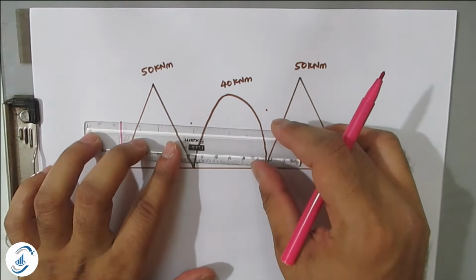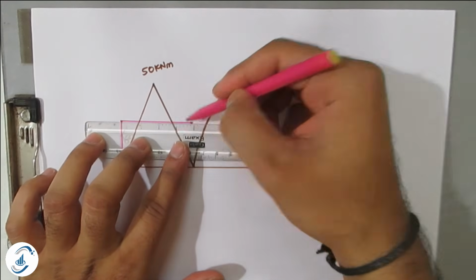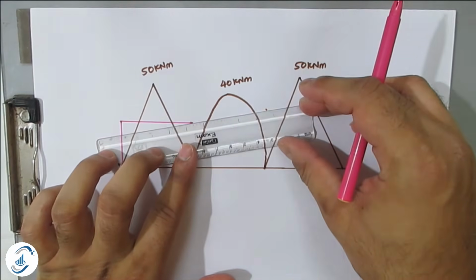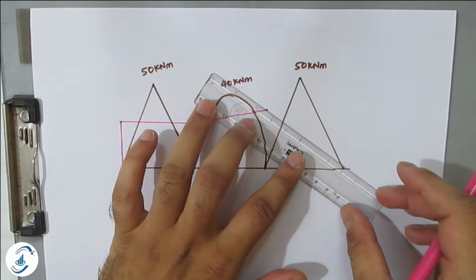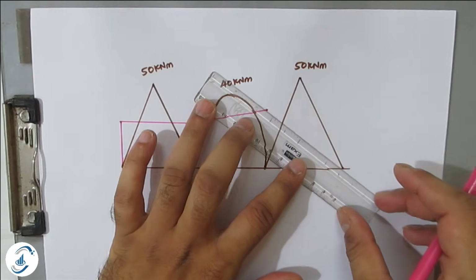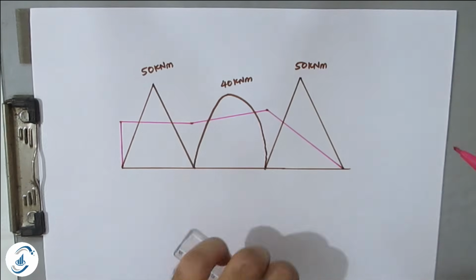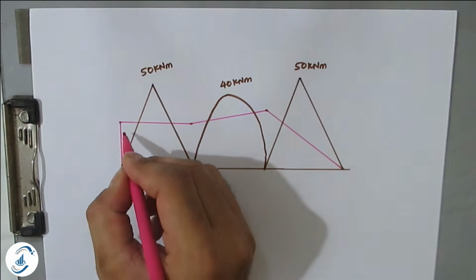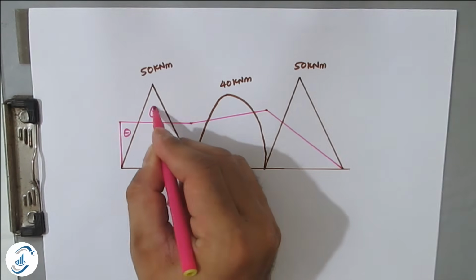Now we have to join these things to get the final bending moment diagram. Join here for the 0 part. So this will be the net bending moment diagram. Above this line it is negative, below this line it is positive.